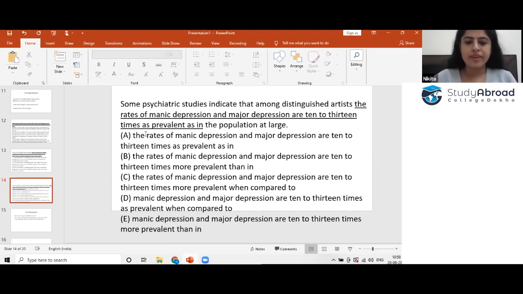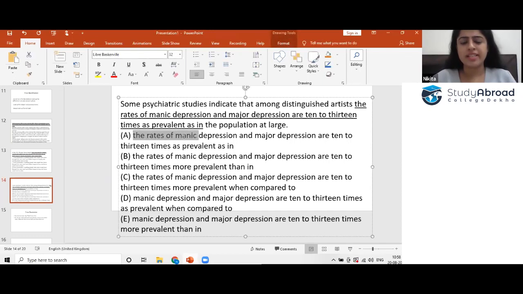Now, even if we don't read the question and just have a look, what are we trying to say? Three of the options are starting with "the rates of manic depression", and two of the options are starting with "manic depression". So the 3/2 split means deciding on this thing only, whether you have to stay with "the rates of manic depression" or "manic depression".